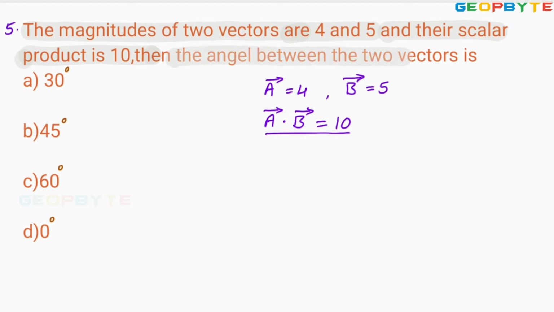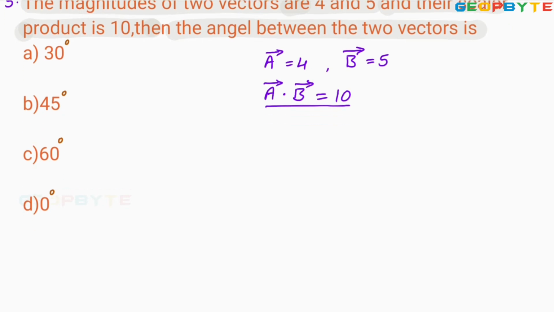Then you are asked to find the angle between the two vectors. It is like this. Dear friends, vector A into vector B is equal to magnitude A into magnitude B into cos theta.